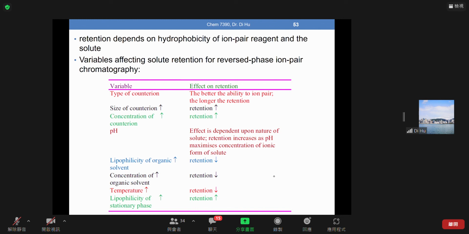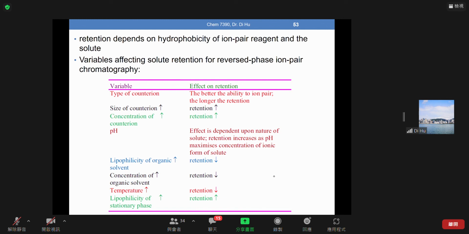And also the size of the counter ion. The larger the counter ion, the larger the hydrophobic tail, and then more nonpolar and better retention. That is also true. And also the concentration of the counter ion: the more of it, the more efficiently the ionic solutes are converted to this ion paired new compound, and then have better retention. For pH, the effect really depends on the nature of the analyte.